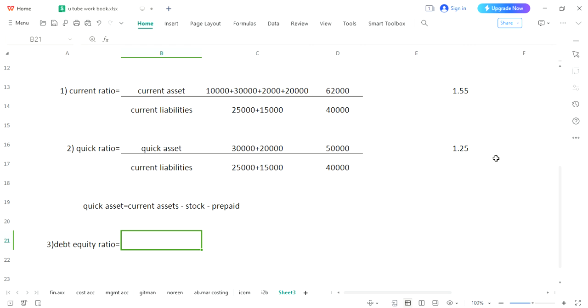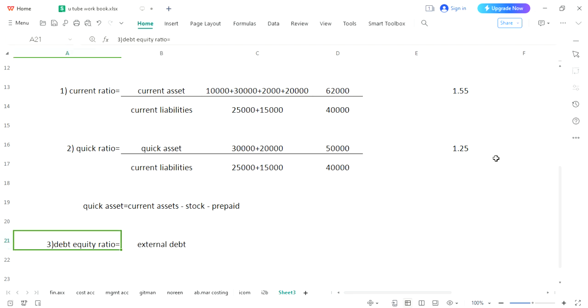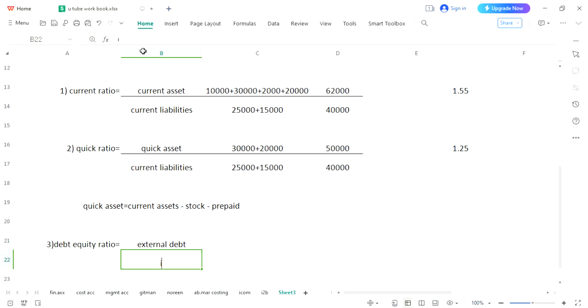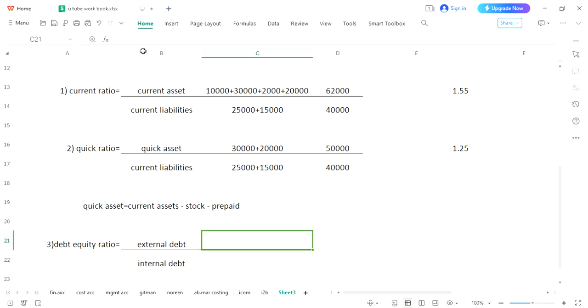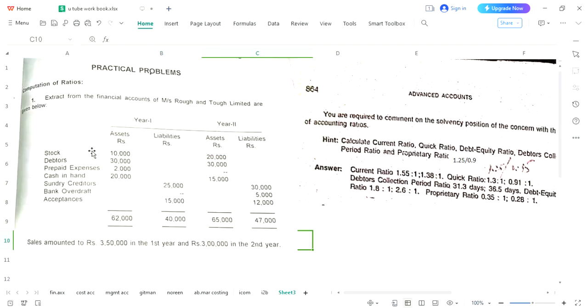Debt equity means external debt or liability, and it would be divided by internal debt or liability, one of the same thing. And here we will search what are external debts. External debts, amount payable to outsiders.